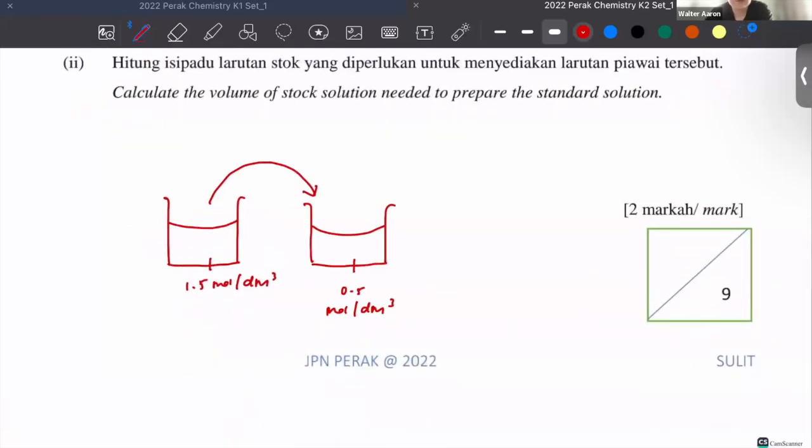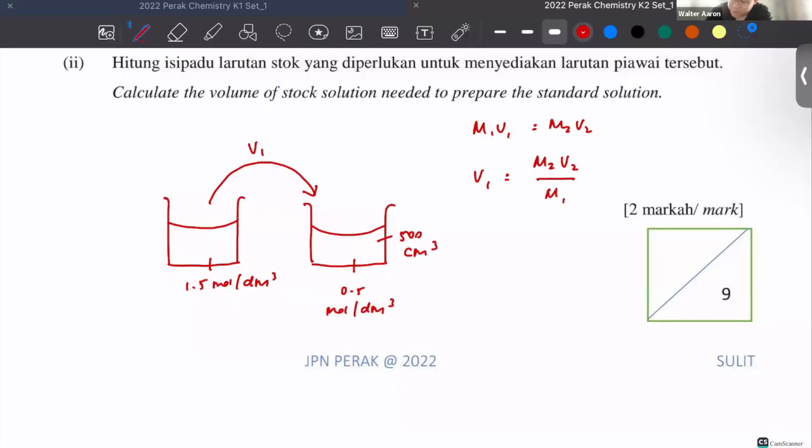So we can always just use M1 V1 equals M2 V2, because in the end, we're going to get 500 as well. Okay, another stock solution of 500 cm³. If we use the formula M1 V1 = M2 V2, we make V1 the subject. So V1 will be M2 V2 divided by M1.